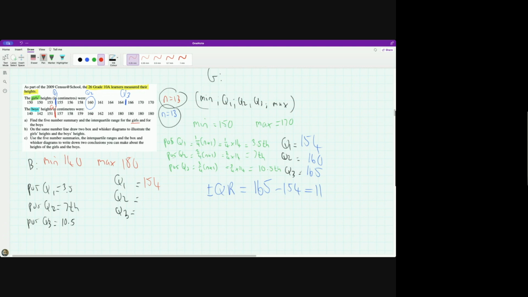So I can kind of see it because they're laid out exactly the same. That's 160. And then Q3, so that is 10.5. So 7, 8, 9, 10. It's going to be 180.